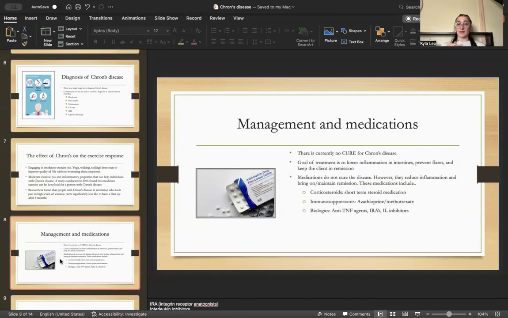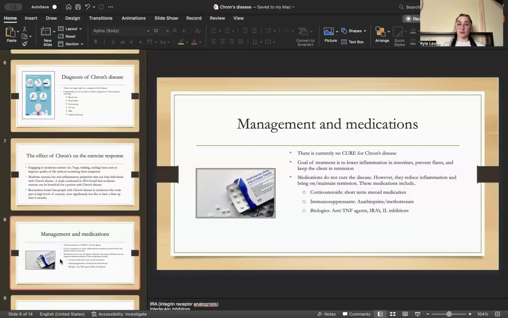So, management and medications. There's currently no cure for Crohn's disease. So the goal of treatment is to lower inflammation in the intestines, prevent flare-ups, and keep the client in remission. Although medications do not cure this disease, they do reduce inflammation and they bring on and maintain remission.